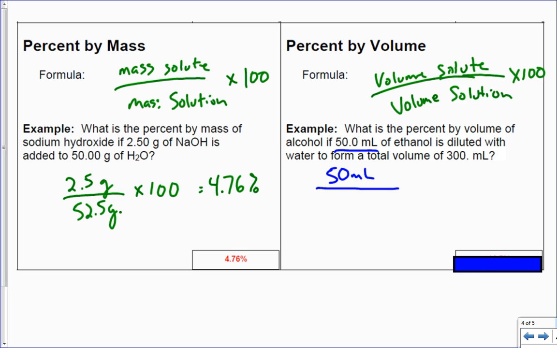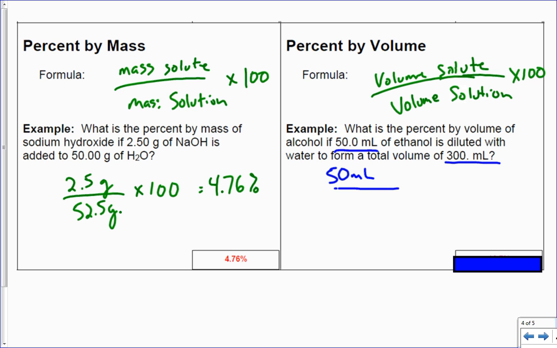My whole, though, is now going to be 350 milliliters because I have 300 milliliters of solvent. Oops. It says to form a total volume of 300. So Mr. Milks, read carefully, please. It's not just 300 milliliters of water. It says diluted with water to make a total of 300 milliliters.